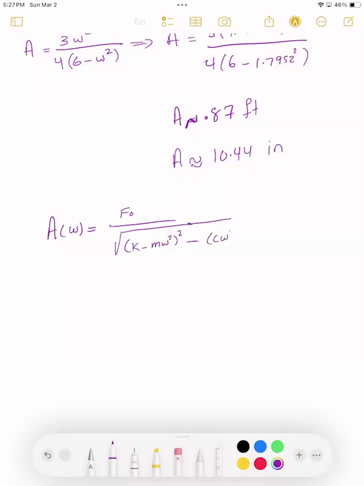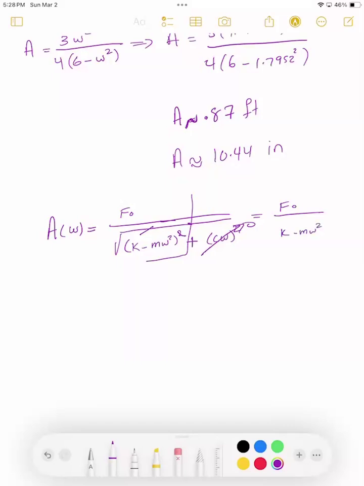Since we don't have any damping force here, the coefficient c is equal to 0, so this is equal to 0, and the square and the radical cancel each other. You get F naught over k minus m omega squared.